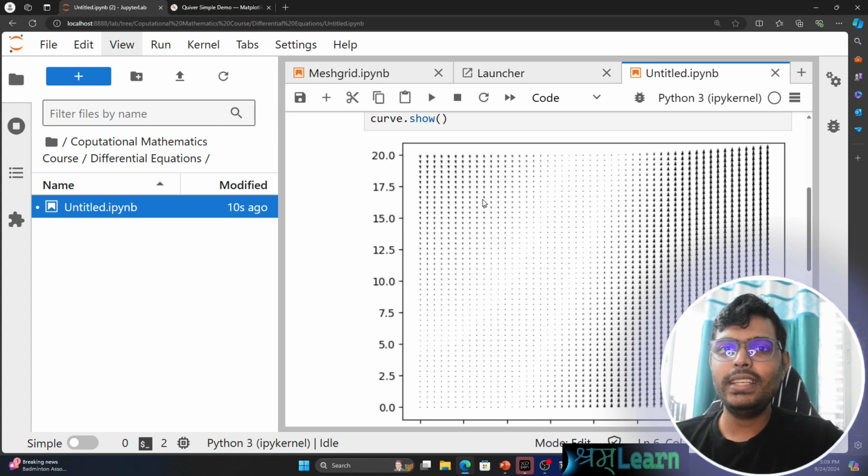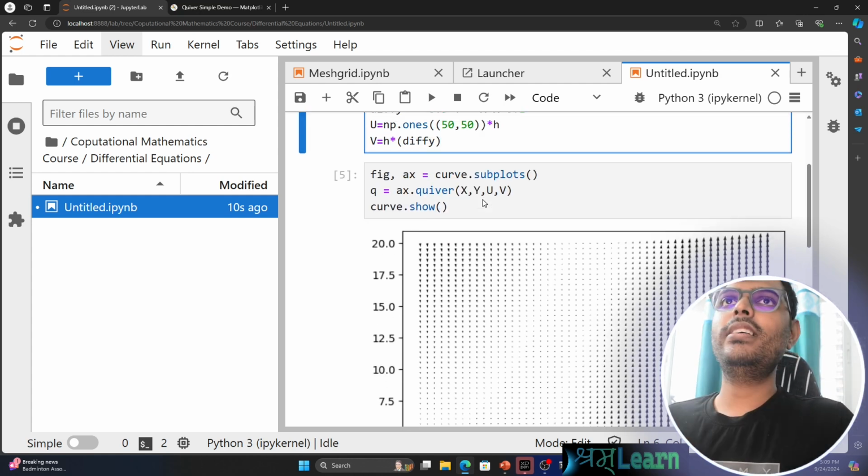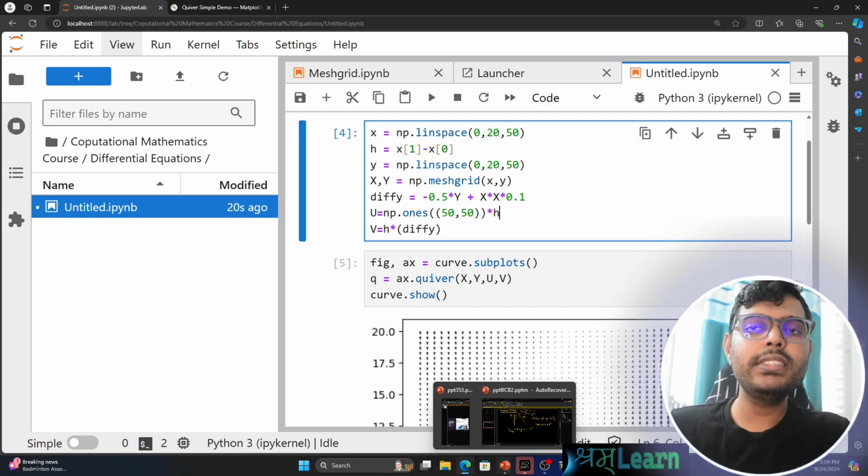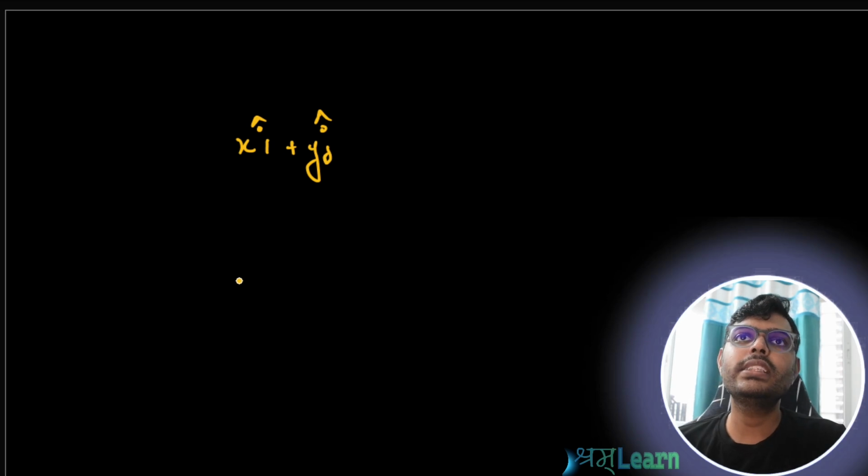I know this might not be clear, but if you know how to make unit vectors, do you know how to make unit vectors? We have a vector x i cap plus y j cap. What is the unit vector in the direction of this vector? Let this vector be a vector.